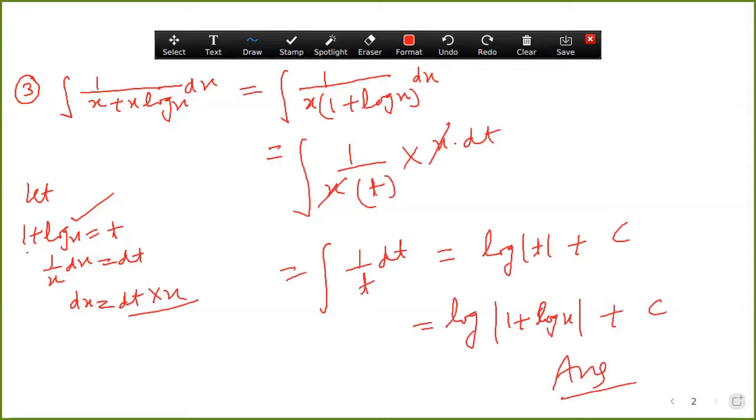Now let's do question number 4th. The question is integration of sin x into sin of cos x dx.